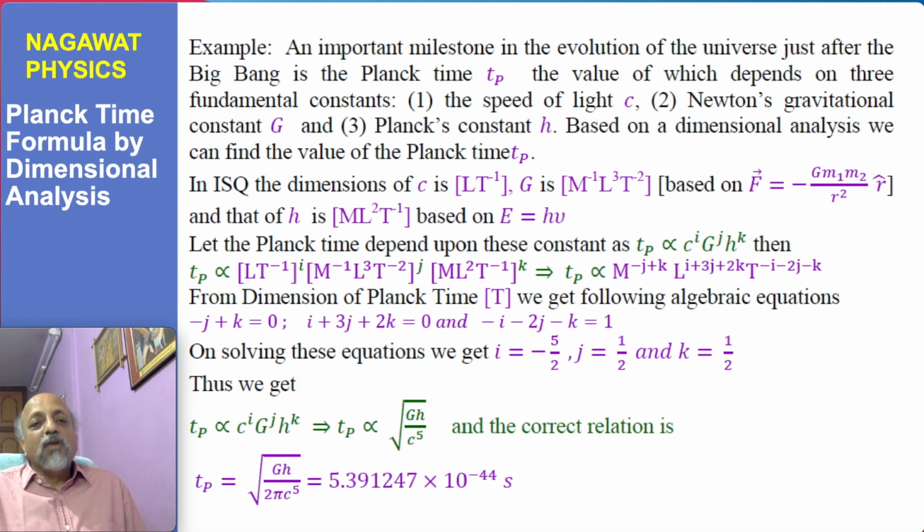I am taking one such example, which is also a solved exercise in the book of physics by Halliday, Resnick and Krane. An important milestone in the evolution of the universe just after the Big Bang is the Planck time. And I have earlier told you that we cannot know from the Big Bang, the time t equal to 0, what happened in the first time interval equivalent to Planck time.